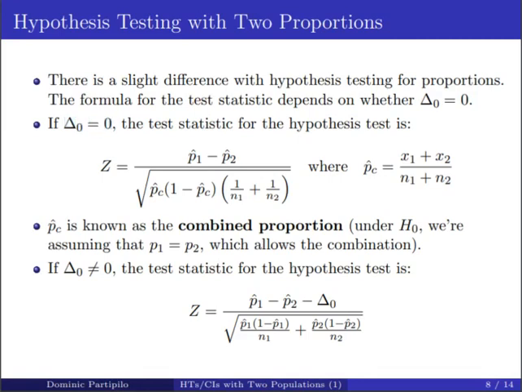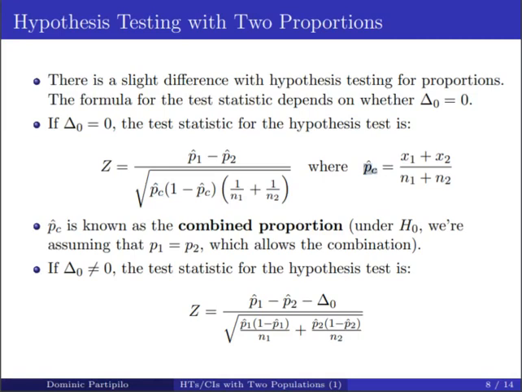If it is equal to zero, then the test statistic for the hypothesis test is going to look something like this. And just like when we were talking about t, we're going to have this new notation here. In this case, it's called the combined proportion. The combined proportion is exactly how it sounds.